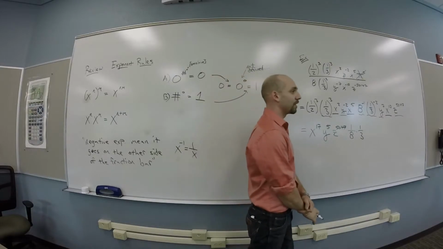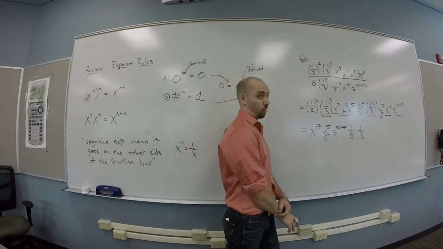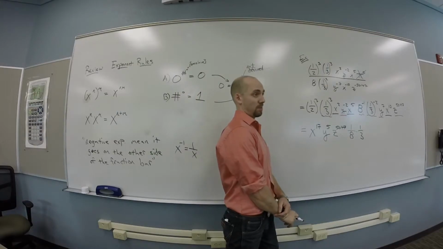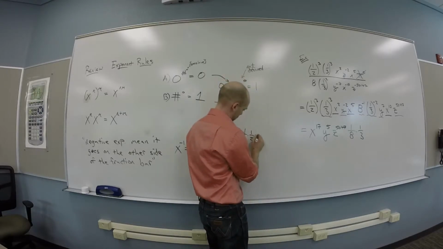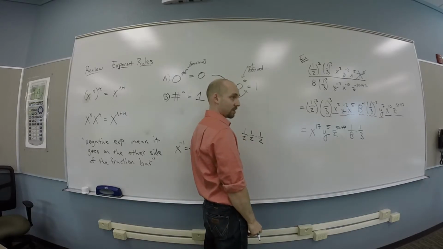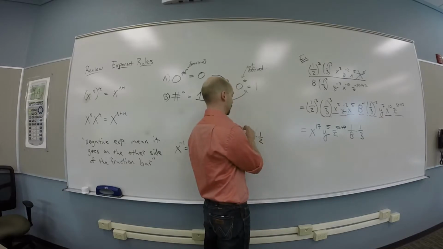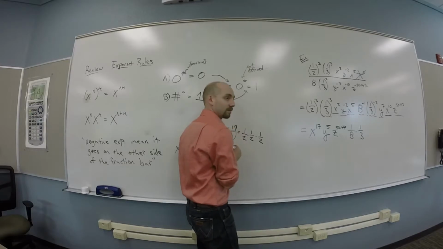Okay, and then there's a half cubed, which is an 8. You guys see that? Kind of off to the side, I might think to myself, I've got a half 3 times, right? That's an 8. Or I might think to myself, this is 1/2 cubed, right?